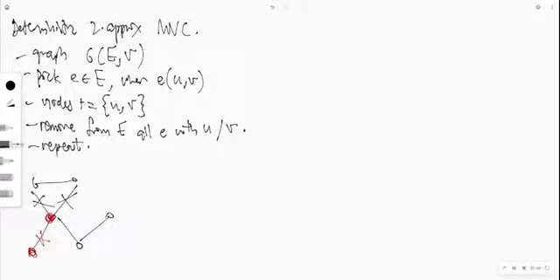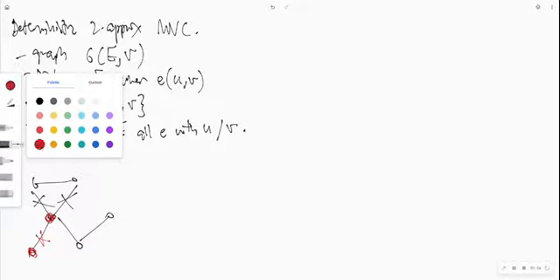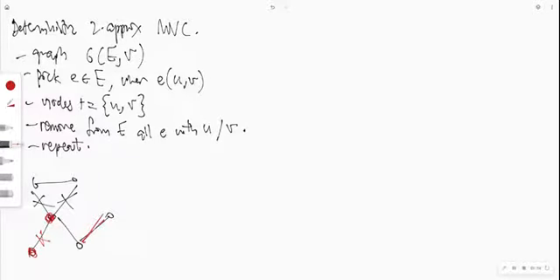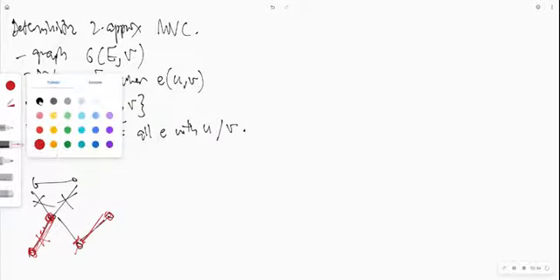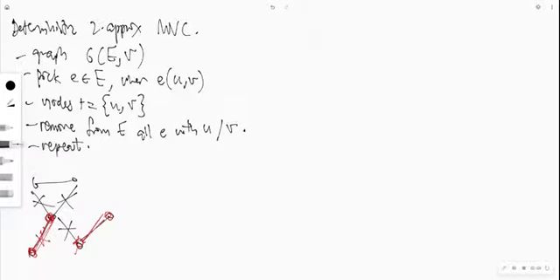Okay, then with all this remaining, let's say it picks this edge, then it's going to take these two vertices, and this will remove this, and with the remaining one you add these two vertices, and now here we got all six vertices picked.